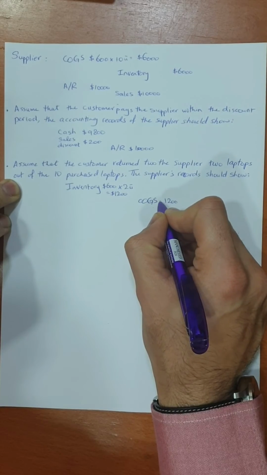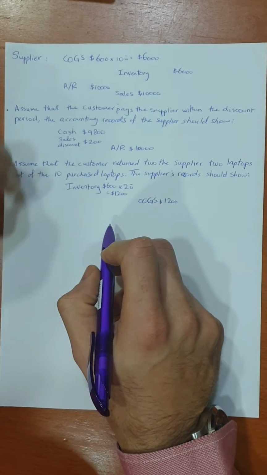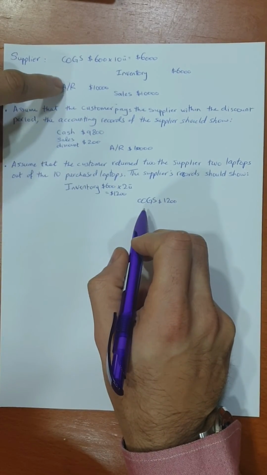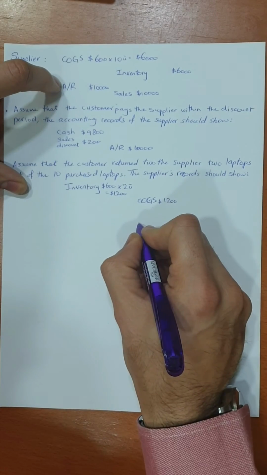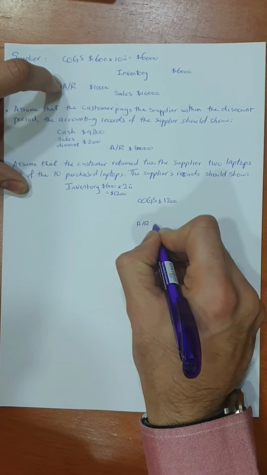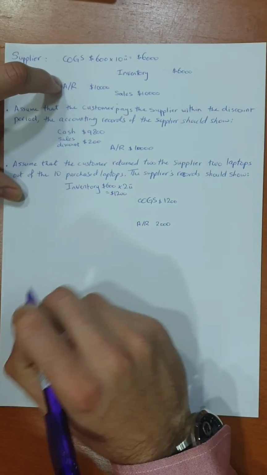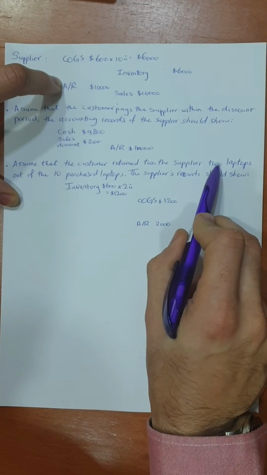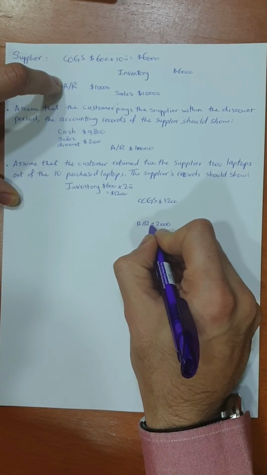So cost of goods sold decreases by the same amount. Also, we need to flip this transaction. So accounts receivable should decline by $2,000, which is the selling price of the 2 laptops.